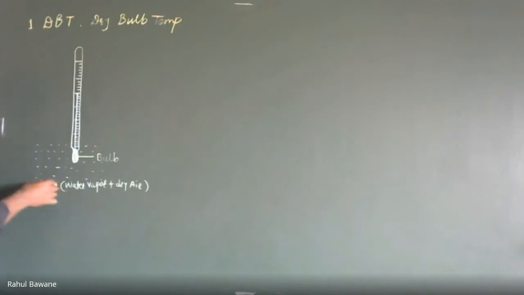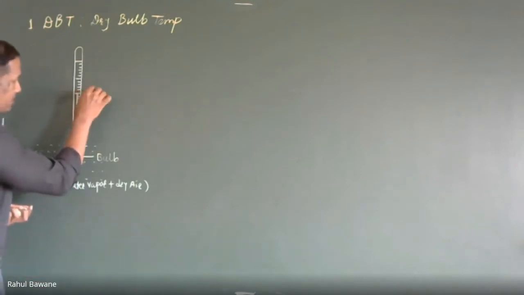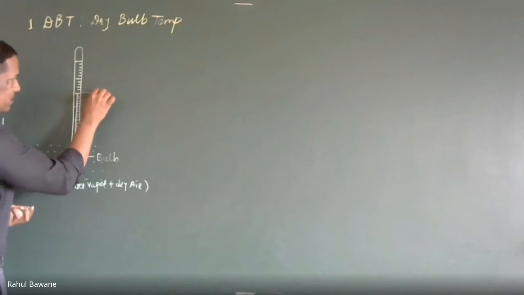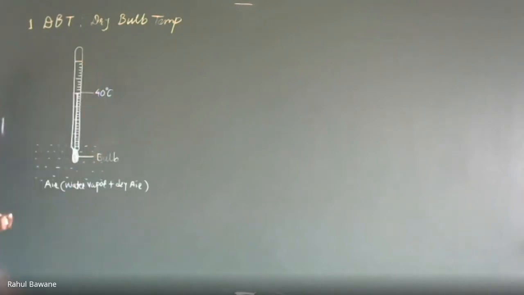So suppose this air has a temperature of 40 degrees centigrade. This thermometer is going to read the temperature of this air by showing the expansion of the mercury in a capillary tube, and this thermometer is calibrated in degrees centigrade. So whatever be the height gained by this mercury, it shows that much is the temperature of this air.